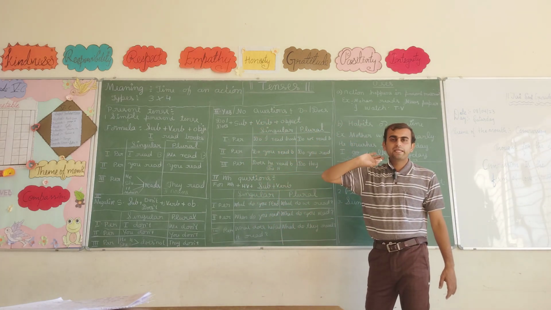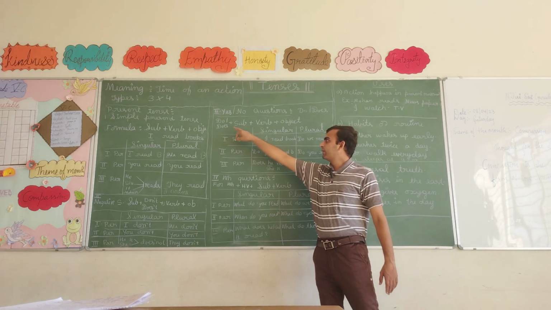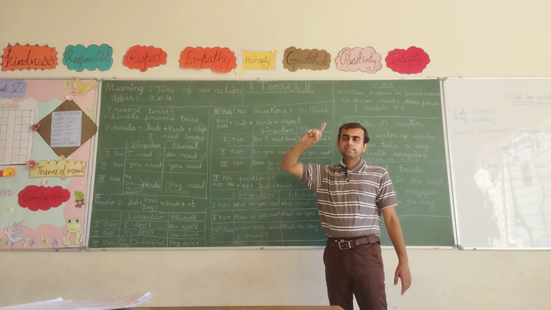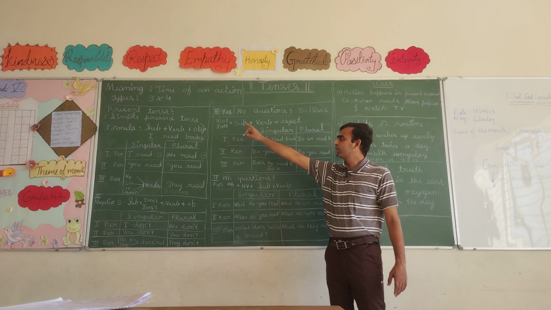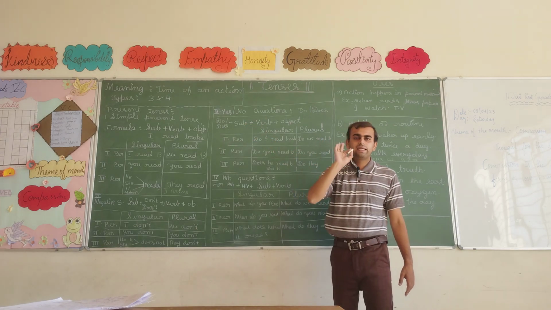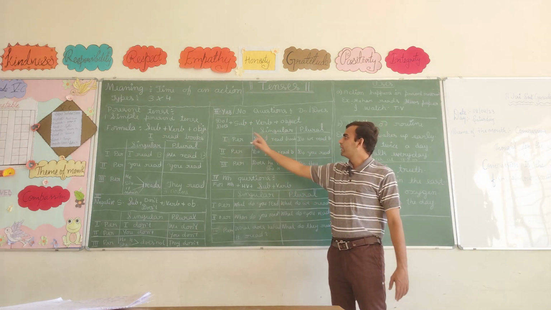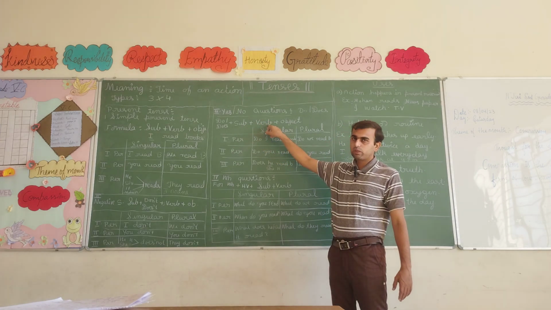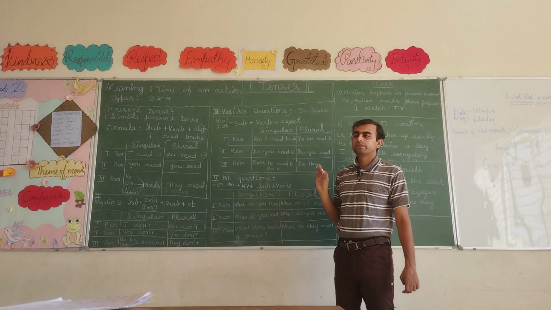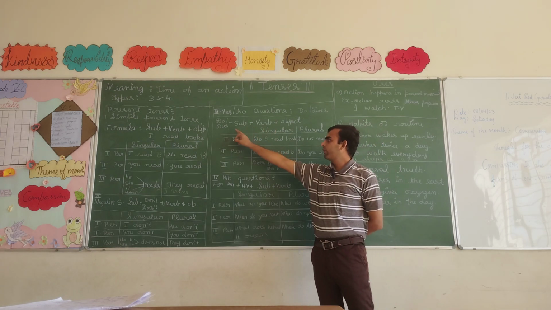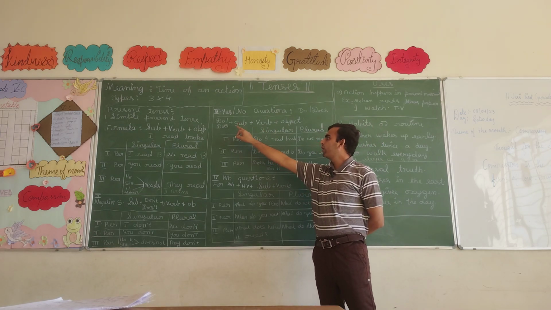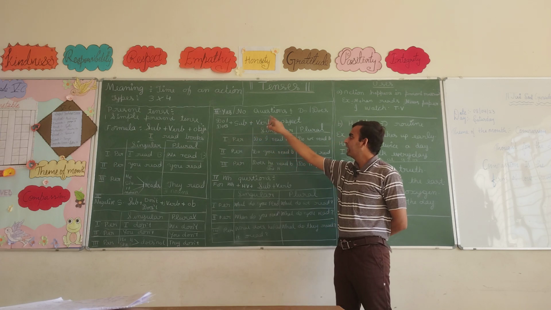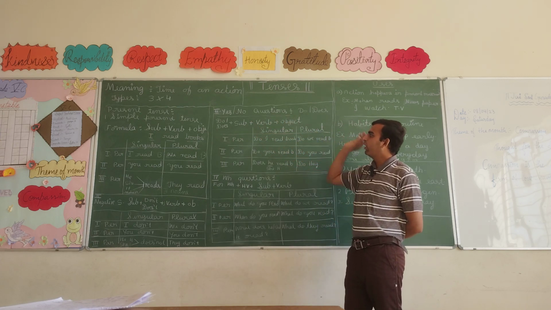The formula for a yes-no question is, first we have to put the helping verb, either do or does, plus subject, plus verb, meaning the first form of a verb, plus object. Once again I tell the formula: do or does plus subject plus verb plus object.